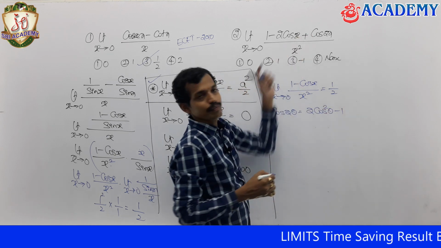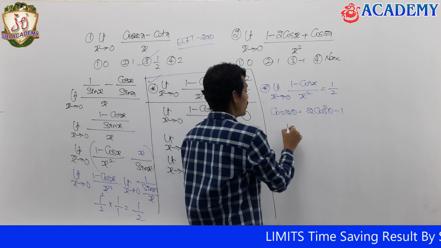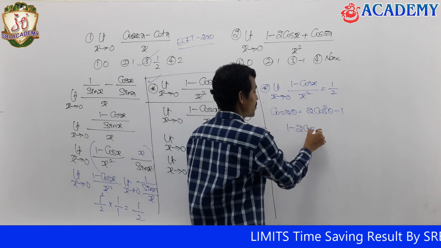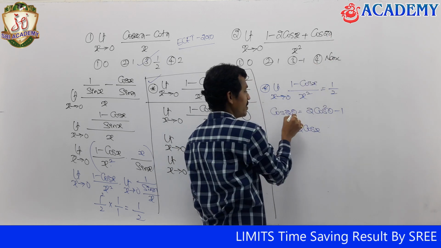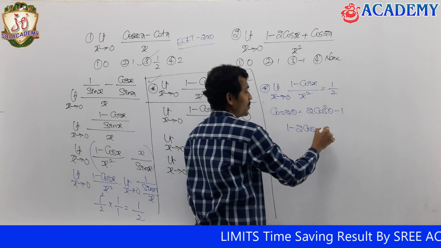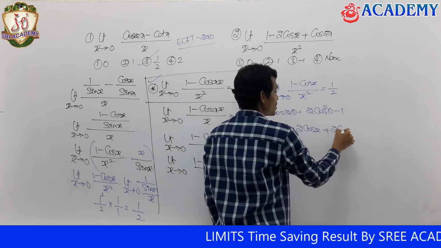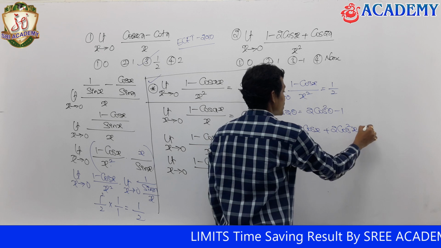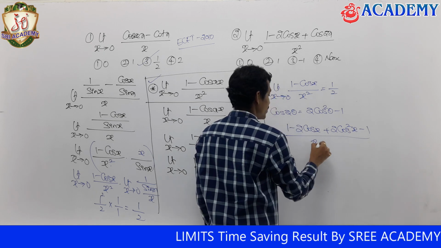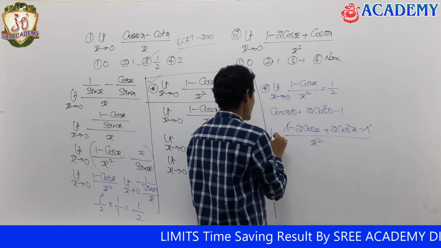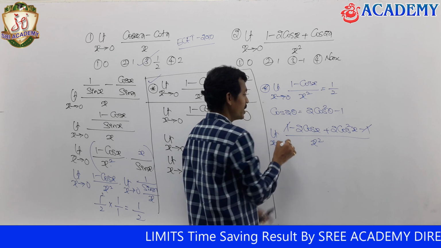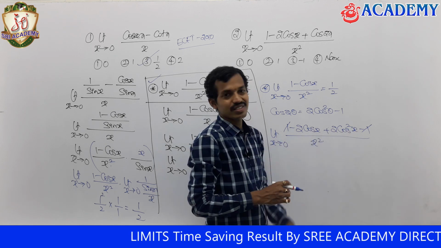I am using that: in place of theta we have x, so if you replace it, 1 minus 2 cos x plus 2 cos square x minus 1, divided by x square. Plus 1 minus 1 cancel. In the numerator, minus 2 cos x plus 2 cos square x.